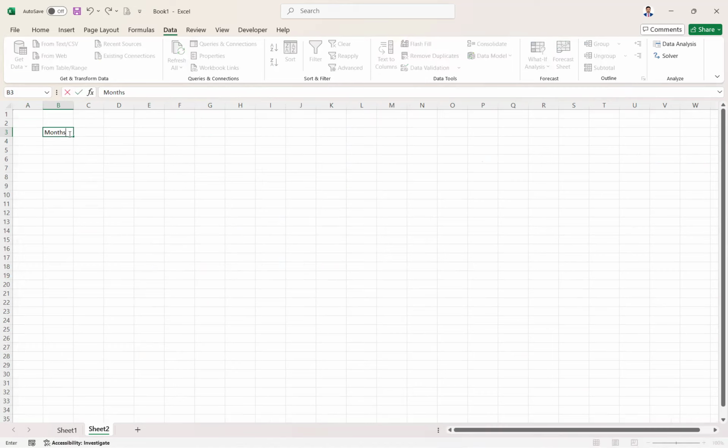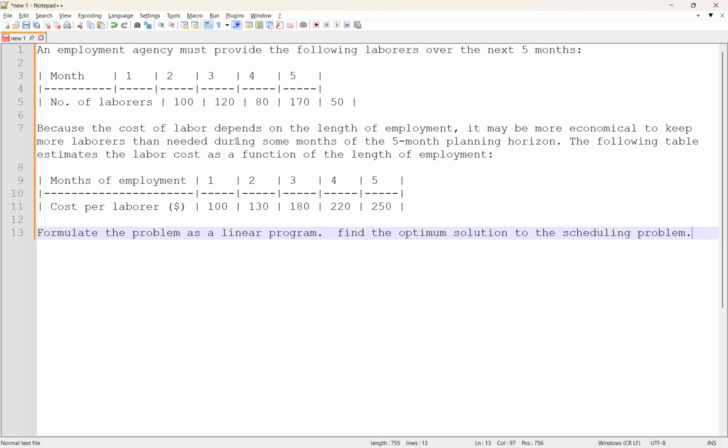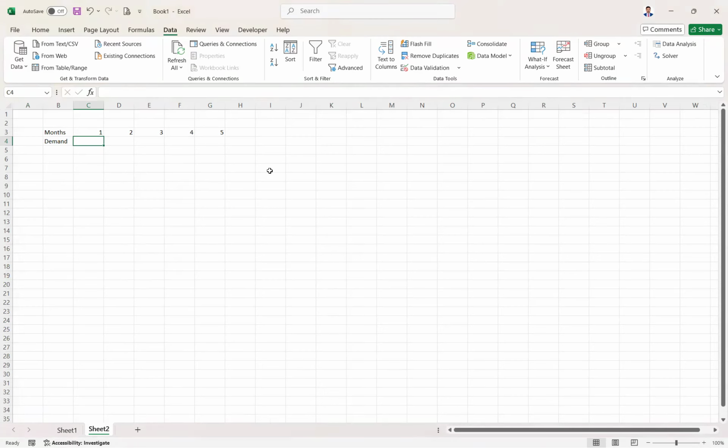So first thing is months. There are 5 months. Then the demand. So what is the demand? 100, 120, 80, 170, and 50.